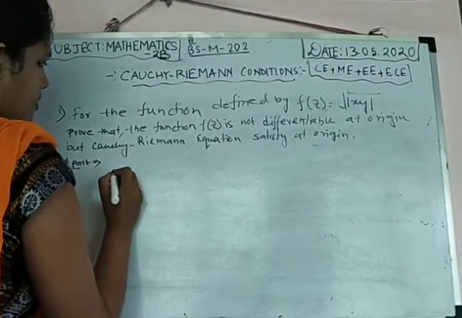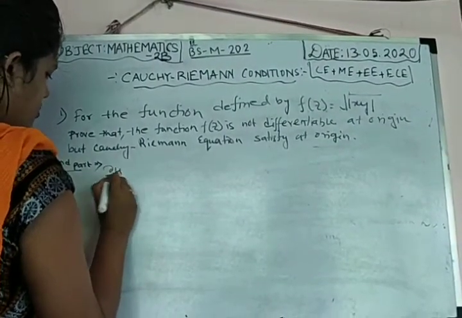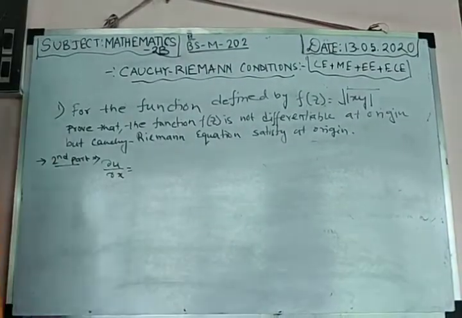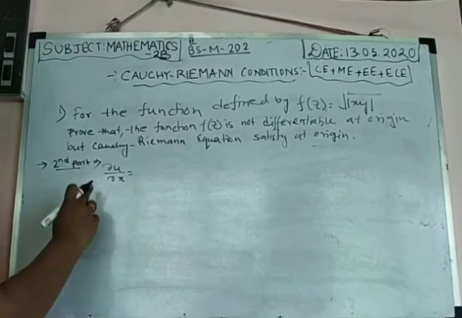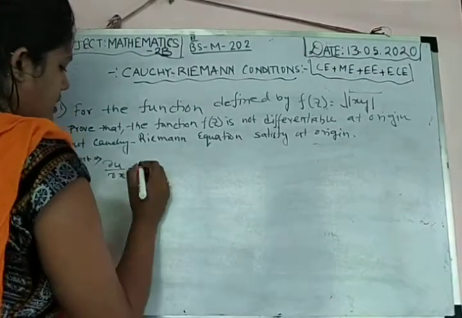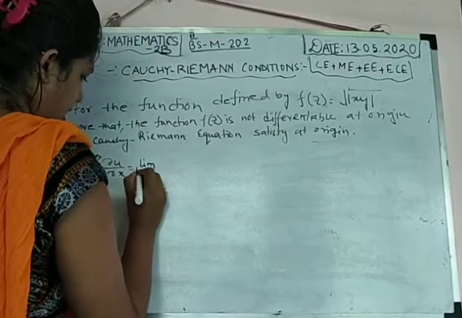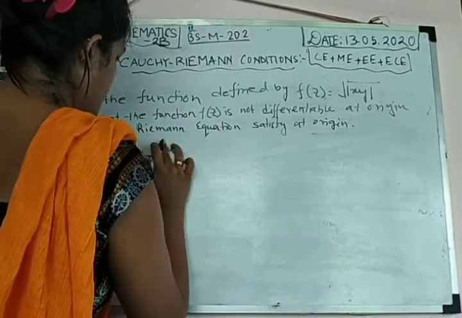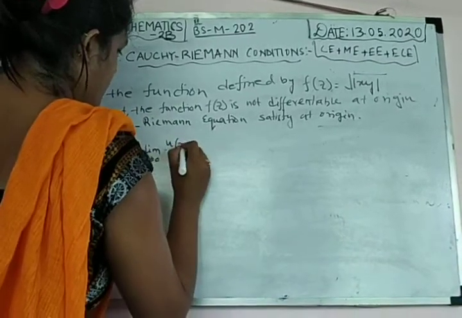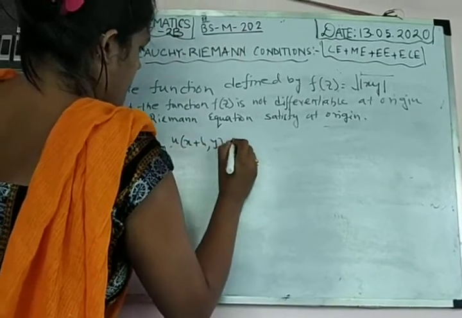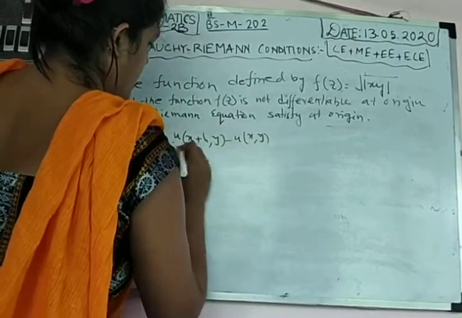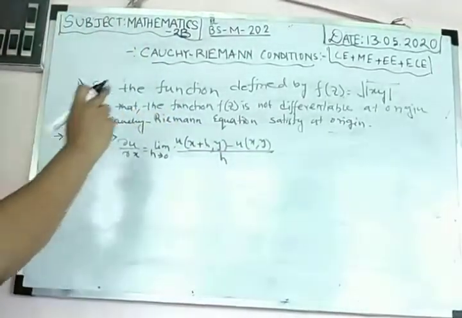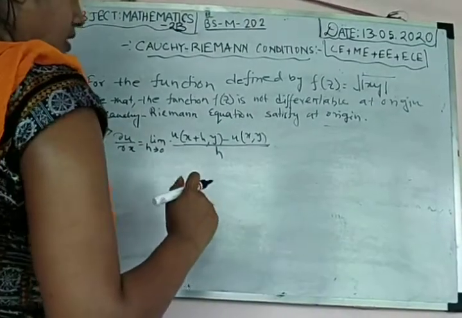So our formula is, first you have to find out, obviously, that's why Cauchy-Riemann means del u del x, del u del y, del v del x and del v del y. Find out the 4 partial derivative values. So first we have to find out del u del x. The formula for del u del x is the limit as h tends to 0 of u of (x plus h, y) minus u of (x, y) by h, because u is a function of two variables.